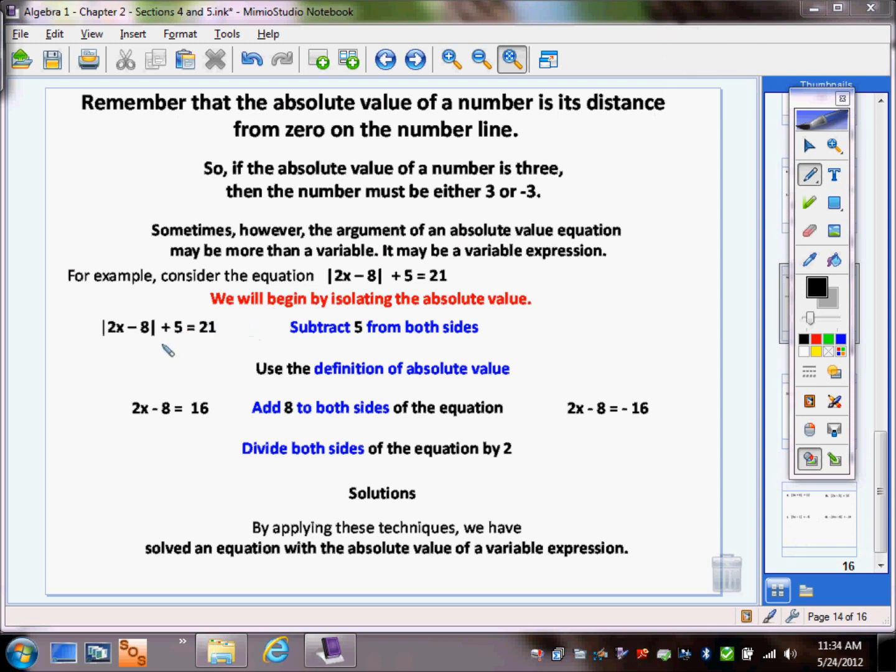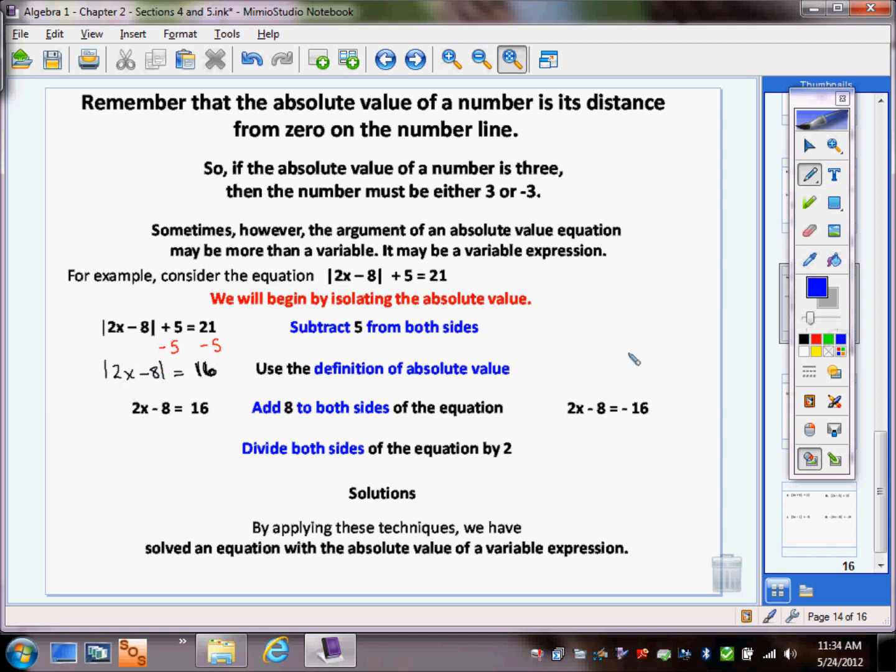Okay, so I'm going to subtract 5 from both sides. Which gives me the absolute value of 2x minus 8 is equal to 16. But remember how I said whatever's in the absolute value can equal the positive or the negative?